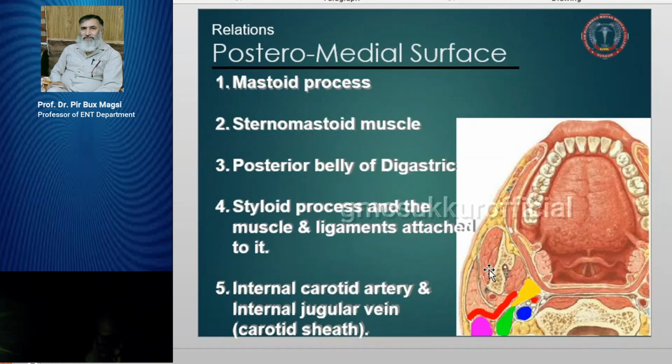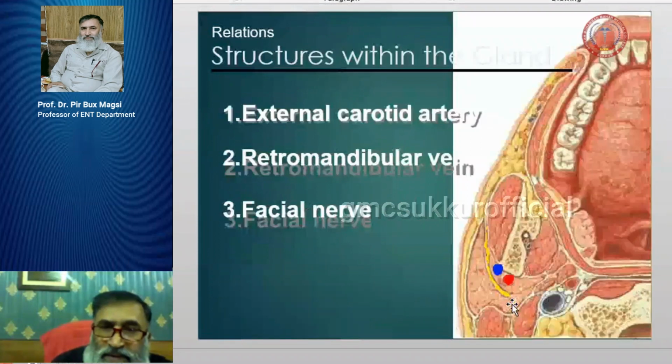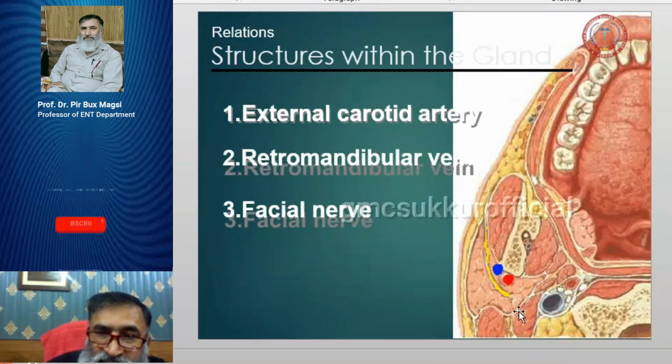Then this is the mastoid process, sternocleidomastoid muscle, styloid process, then the internal carotid artery, which is a very important artery. Now this one is the external carotid artery, a very, very important artery, the retromandibular vein, and then you have the facial nerve in between the two. You see, this is the facial nerve there.